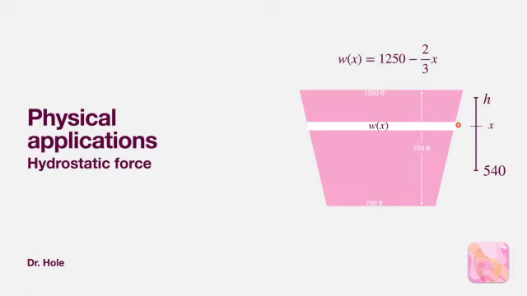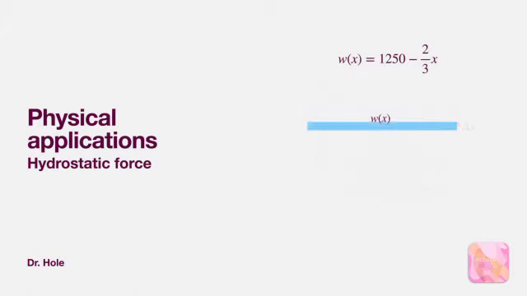Now we want to consider the area of this strip. The area of this strip, w of x times delta x, is the approximate amount of area of water at this depth interfacing with the dam. Remember that pressure was force per area, so now we have an area measurement: w of x times delta x.